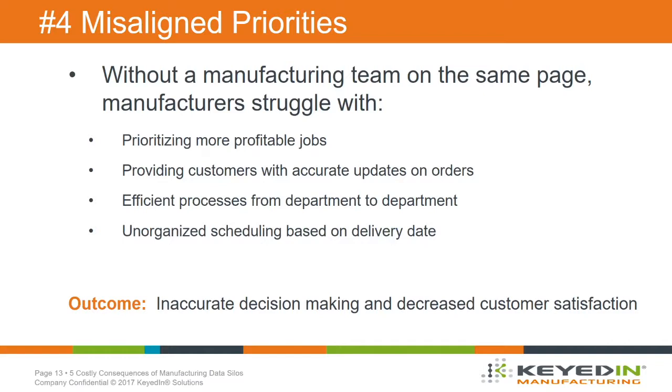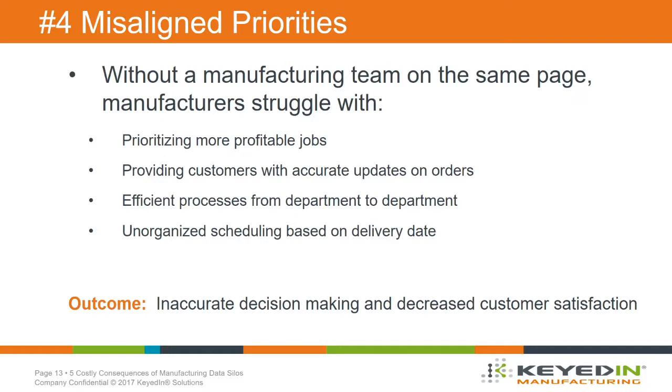Very often we see a lot of inefficiency. It just takes a lot of time to manage these different systems. And at the end of the day, what we very often see is lost time from the time that we take an order to the time that it's actually released to the shop floor for production.